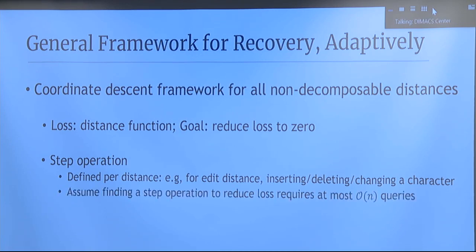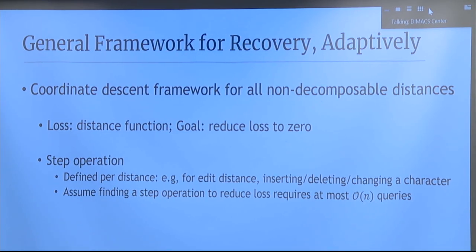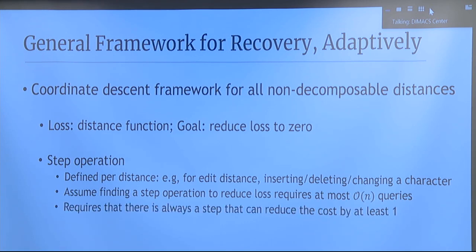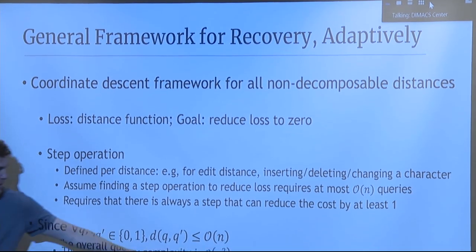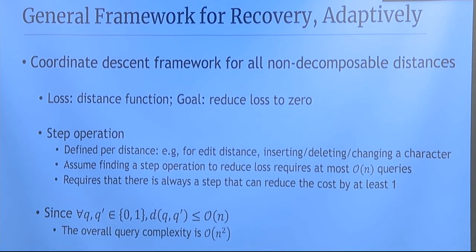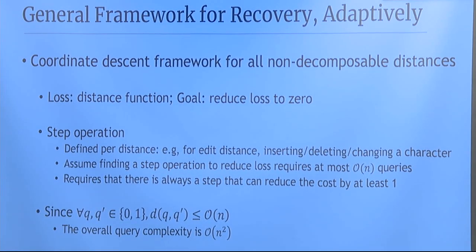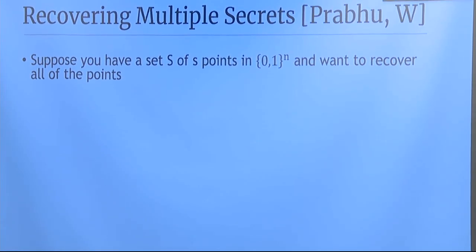This is a way of getting some initial bounds. It's not clear which step to take, and for many distances you might need order n steps to try, and you might also need to reduce your distance n times. So for a number of natural distances, this gives an order n squared bound. The hope is maybe that could be improved in general. OK, so that's all I'm going to say.